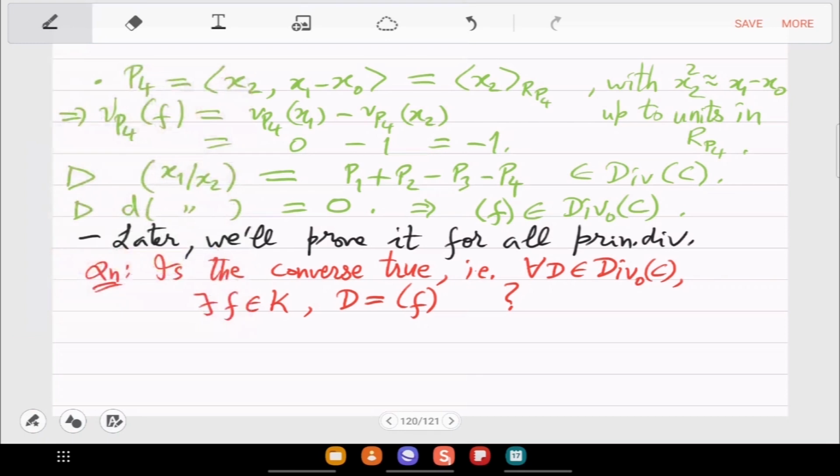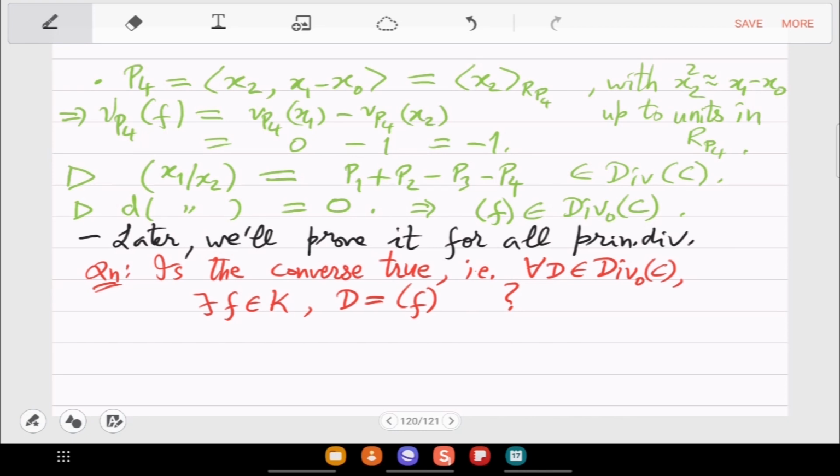Do you expect this? So this question is what we will ultimately formalize, and we'll study this thing in great detail and depth.